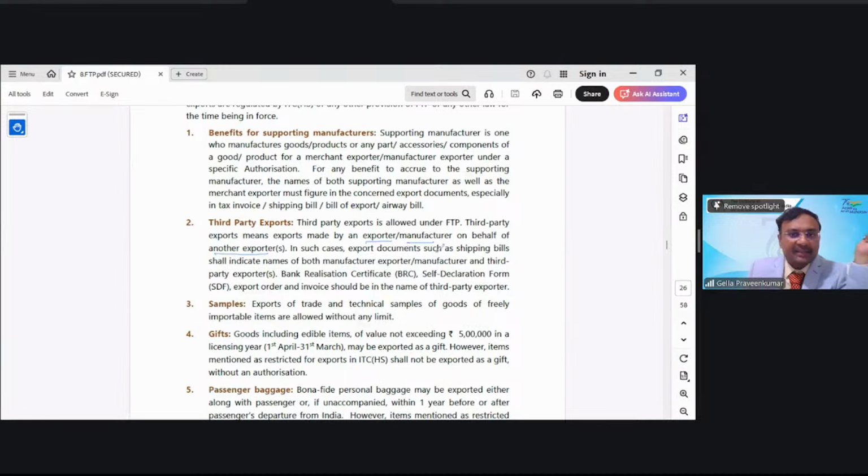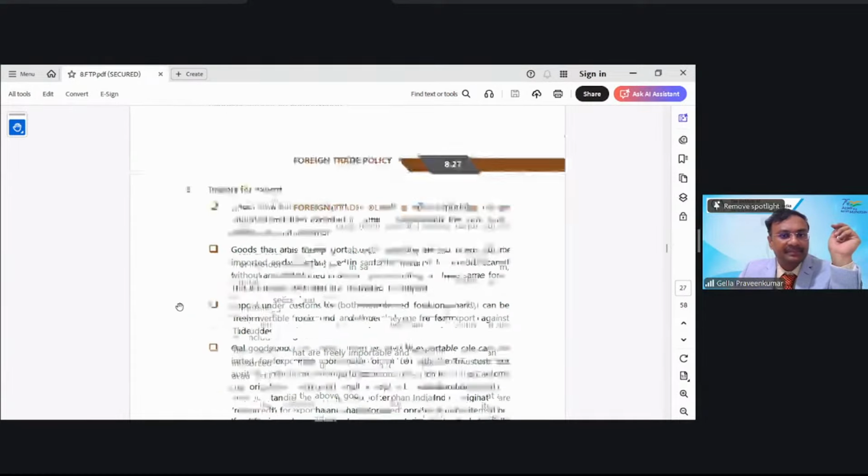In such cases, export documents such as the shipping bill shall indicate the names of both the manufacturer and the third-party exporter. BRC, self-declaration, export document, invoice should be in the name of the third-party exporter. The person who is exporting, his name will appear in the BRC. Now, there is a difference between supporting manufacturer and third-party exports. Moving further.